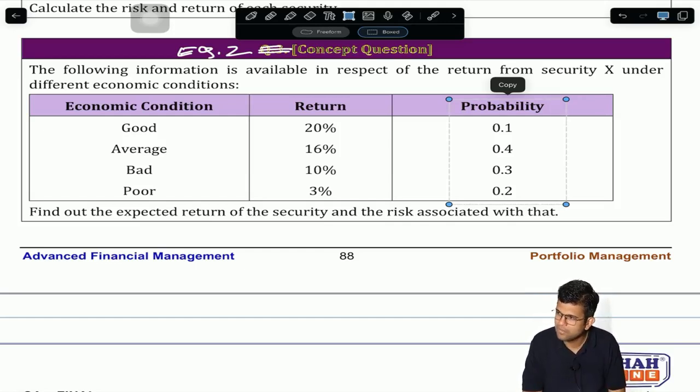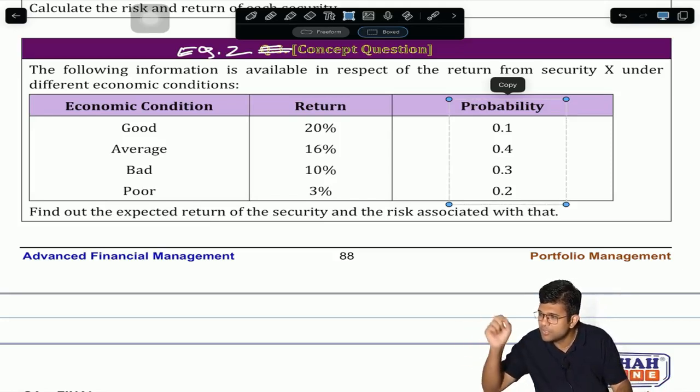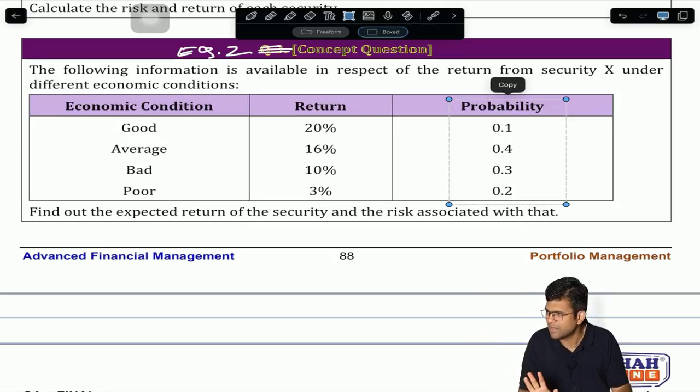Like for example, what is the probability that Narendra Modi became Prime Minister in 2019? 100%. What is the probability that he will become Prime Minister in 2024? You can't say 100%, because there will be some other participants also who will grab some probabilities. I hope you got the example correct, in the right sense.